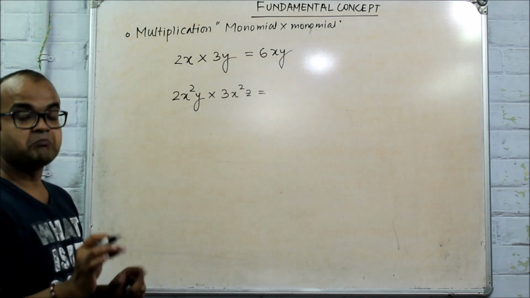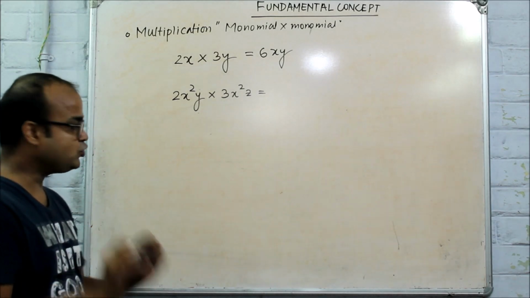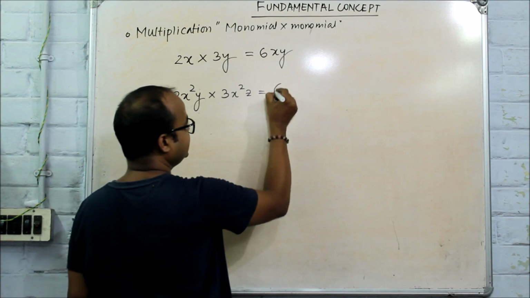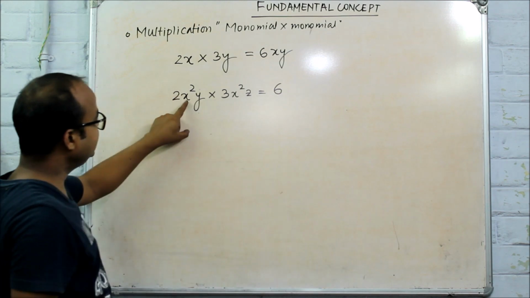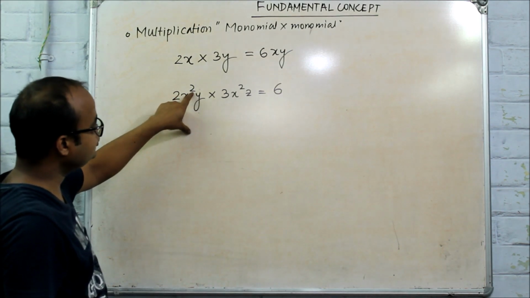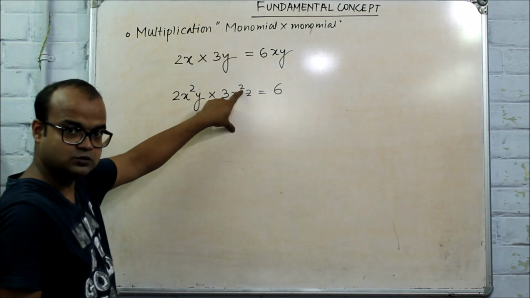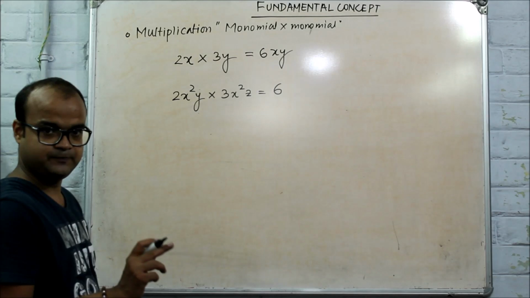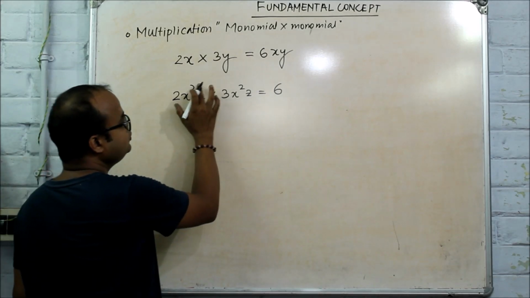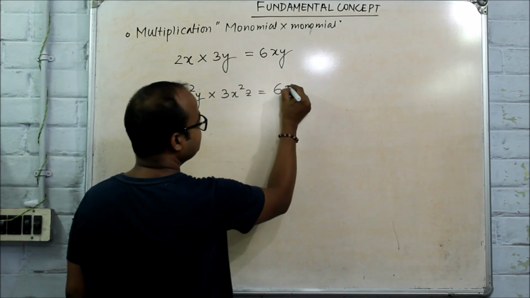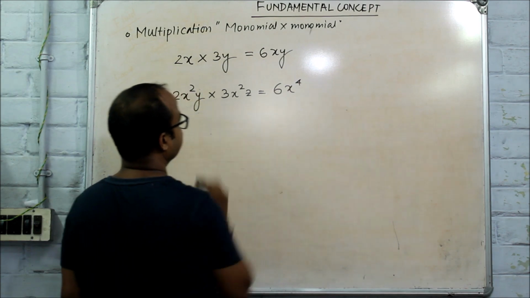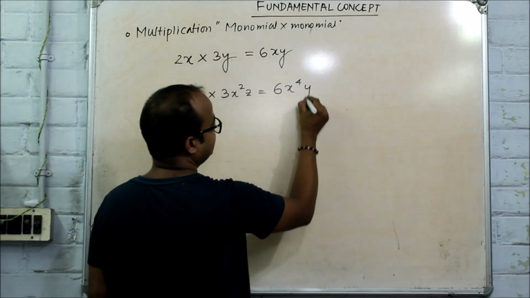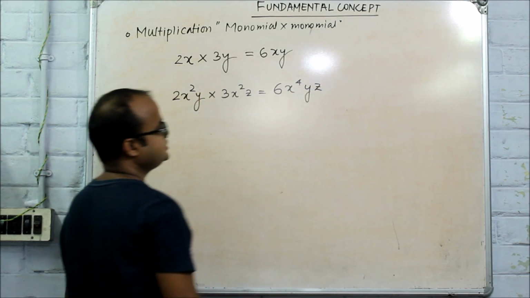First multiply the numerical coefficients, 2 into 3, that is equal to 6. Here x power is 2, here x power is 2, so the powers will be added, x to the power 2 plus 2 is equal to 4. So we write x to the power 4 y z.